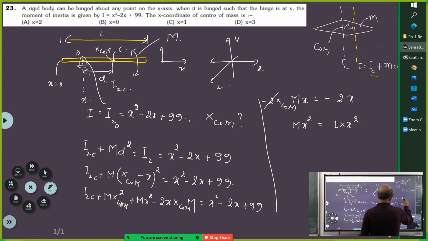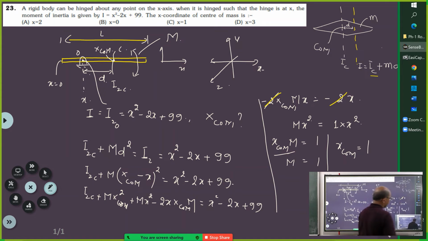Therefore xcom into m is equal to 1, and m is equal to 1. So divide this by this, and you get straight away xcom is equal to 1.